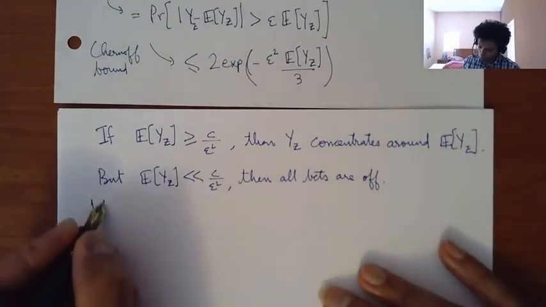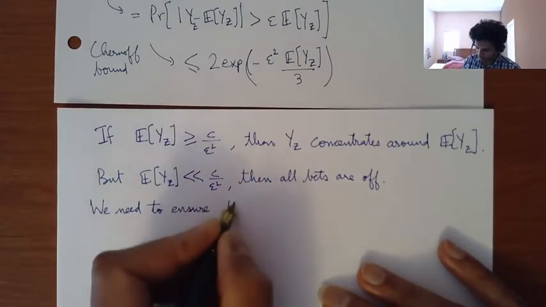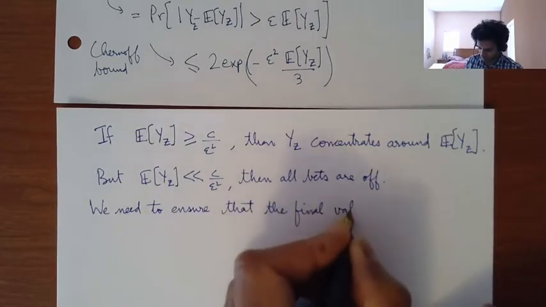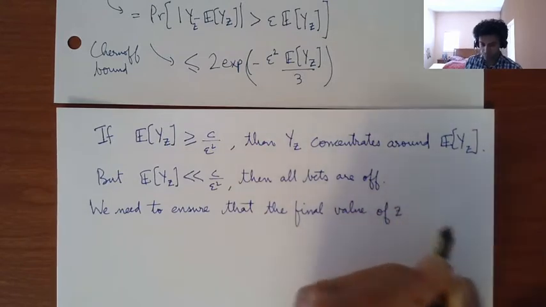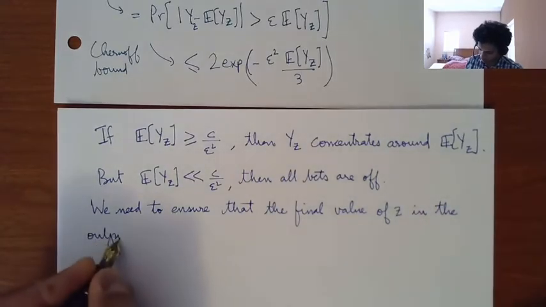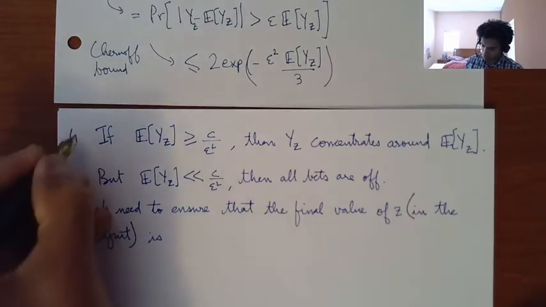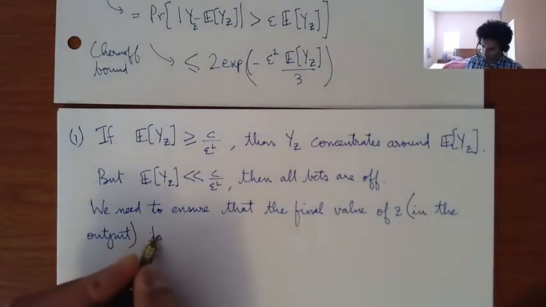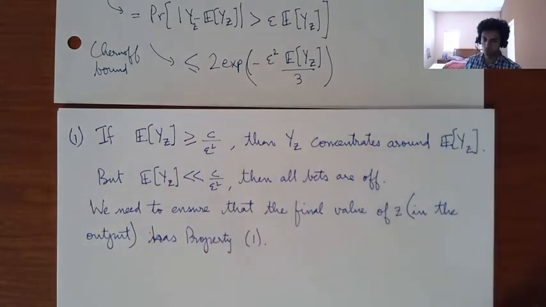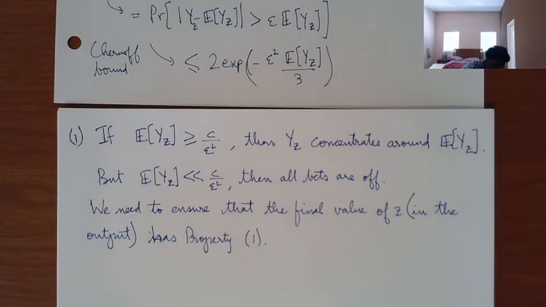So what we need is to ensure that the final value of z in the algorithm, in the output, has, and let me refer to this as property 1, property 1.